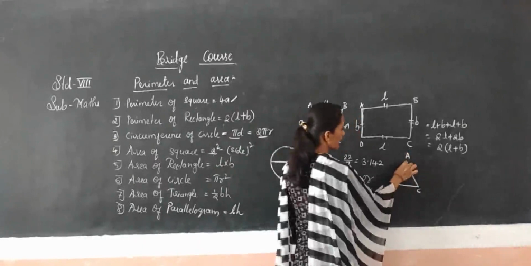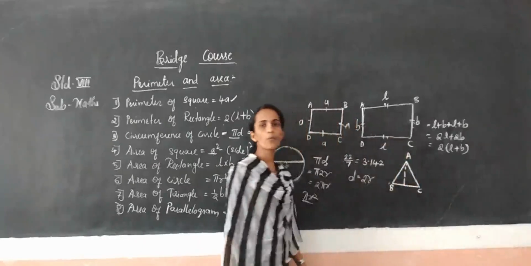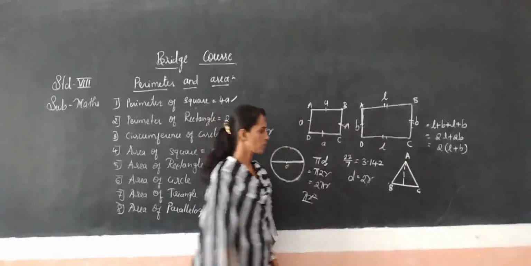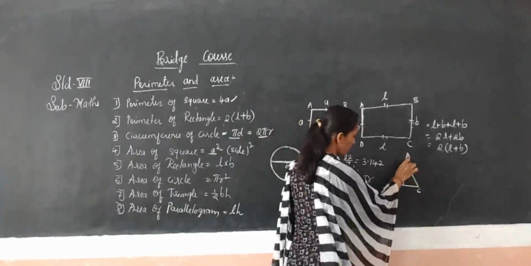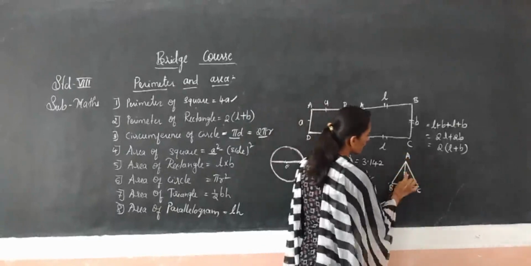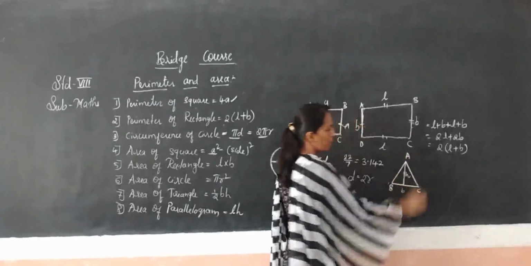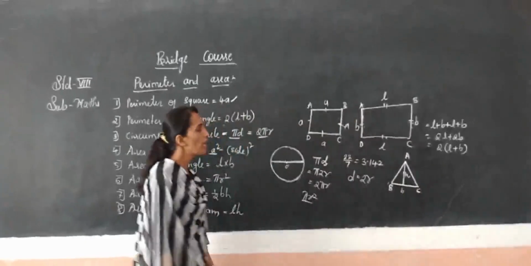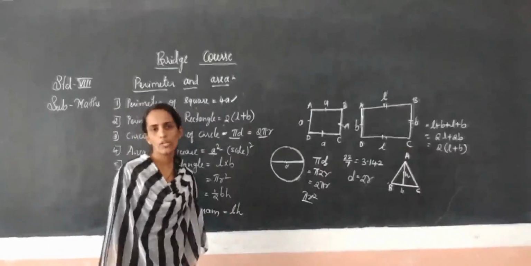Height has to be perpendicular from the base to the opposite vertex. So base is BC and the opposite vertex is A. That perpendicular from the base to the opposite vertex we call the height H, and this we call the base. That's why half into BH is the formula to calculate the area of the triangle.